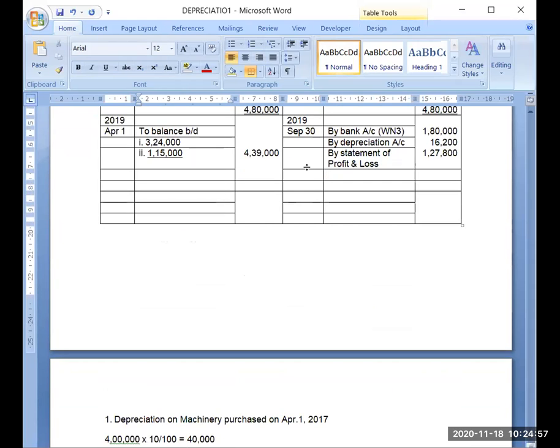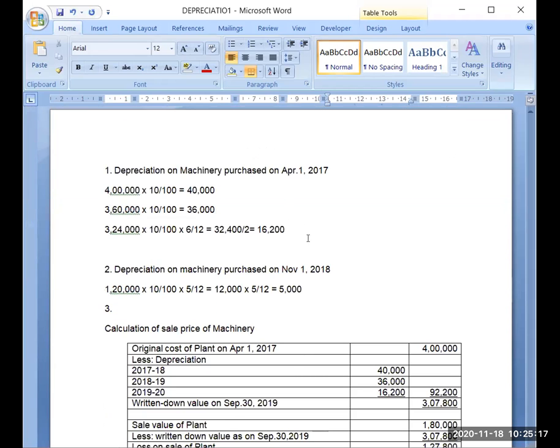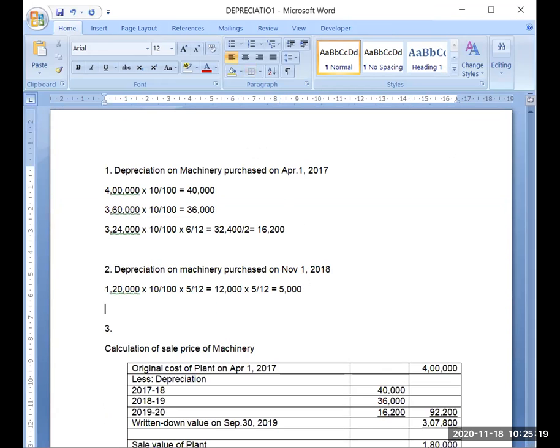So we will calculate depreciation on 31st March 2020, by depreciation account. Only one plant is there now. This one.